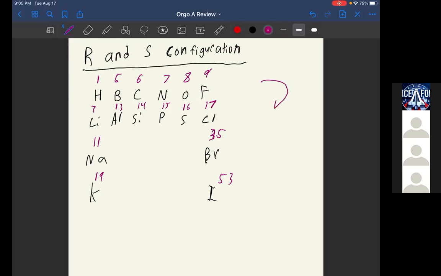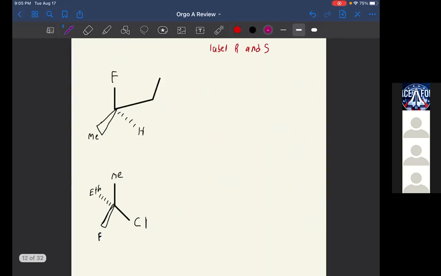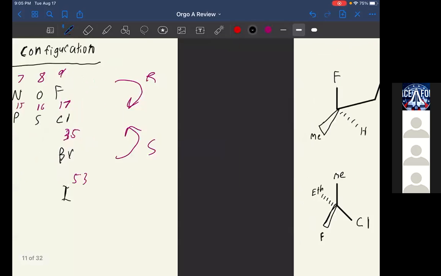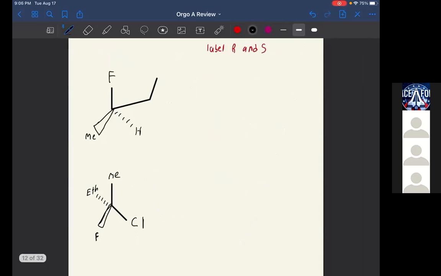So clockwise of priority is R, and then counterclockwise is S. But these atomic numbers are how you determine the priorities, and I'll show you in the next practice problem how to actually do it. So fluorine, I'll draw the chart out here actually.